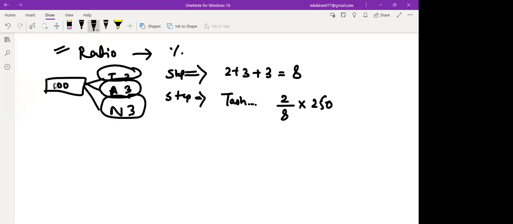Total amount is, for example, let's just take 200 rupees. So the total amount is 200 rupees. Clear? So you will multiply this. For example, for Tashin, you multiplied it, and you got 400 out of this.